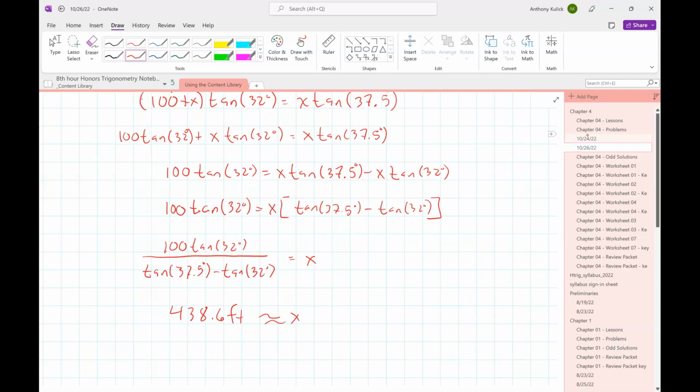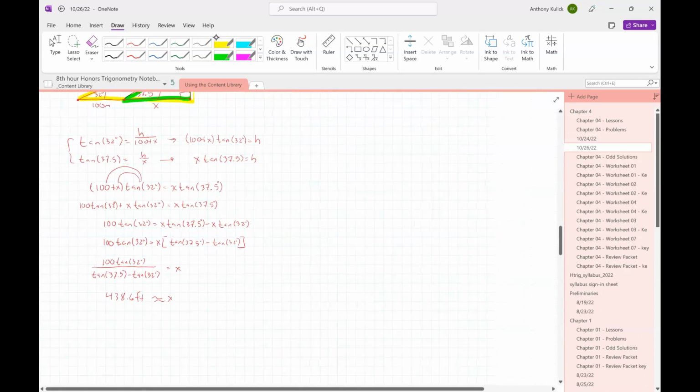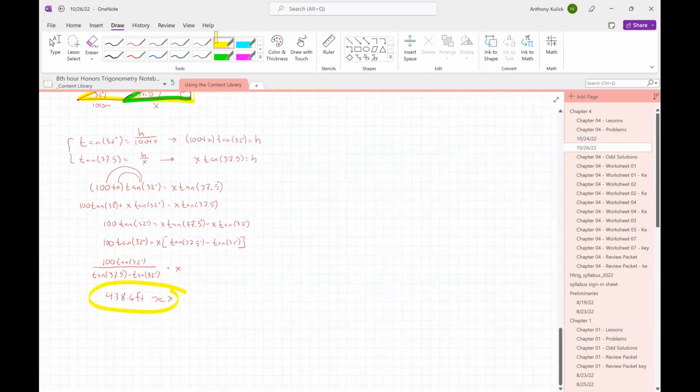Is that my answer, though? Nope. What am I looking for? h. So I'm going to take this answer and plug it back into one of my equations that has an h in it. I'm going to choose that one.